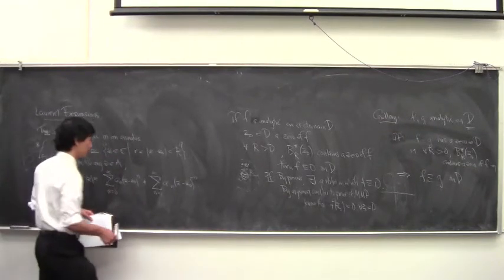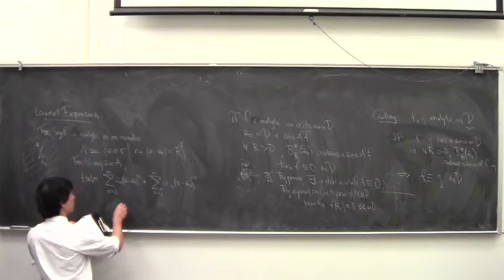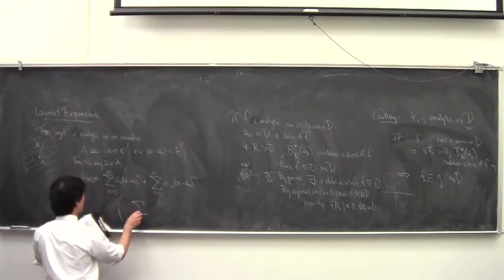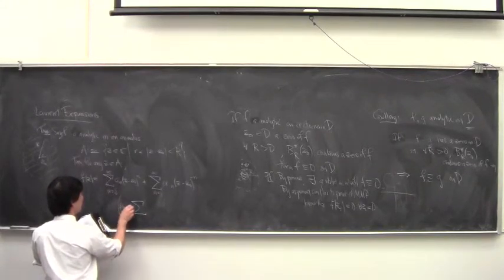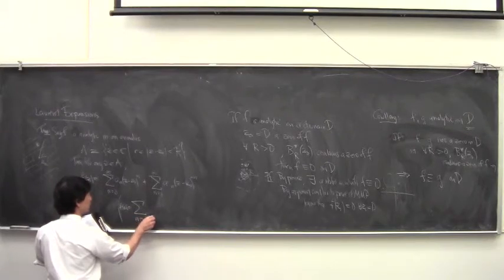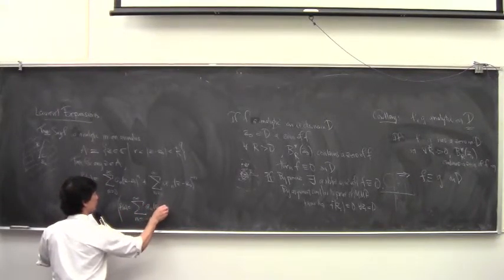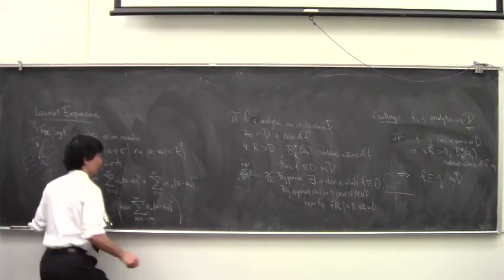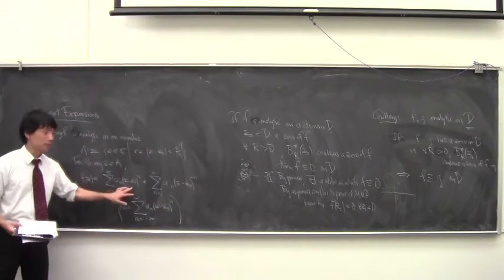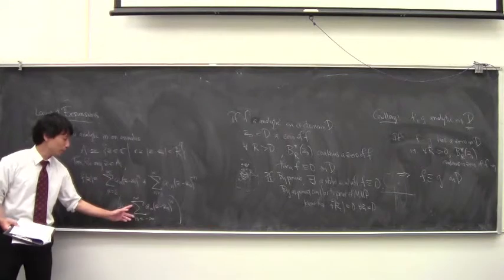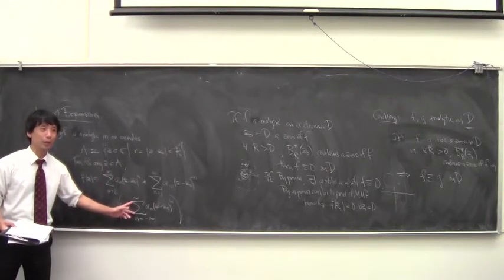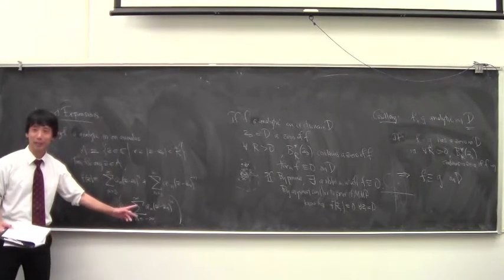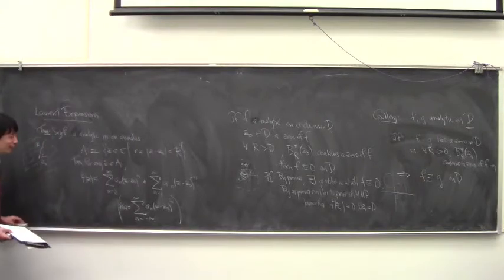People usually just write this as f of z equals summation from negative infinity to positive infinity. But what they mean is that it's the sum of these two power series, because with this one, you're not really sure where you start, right? Where do you start? From negative infinity and start counting? Good luck.